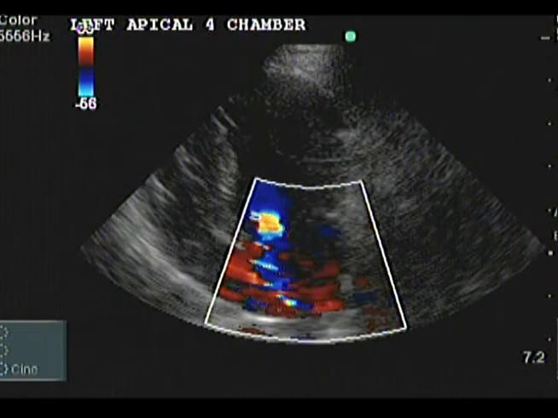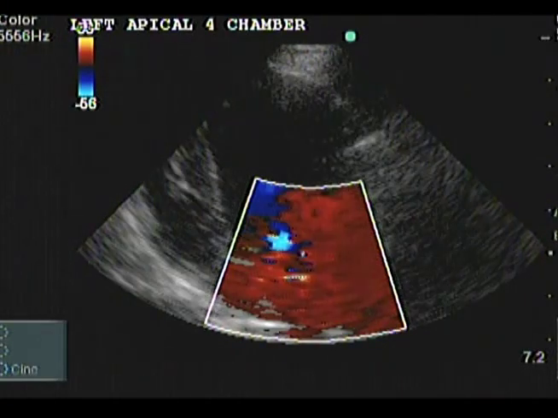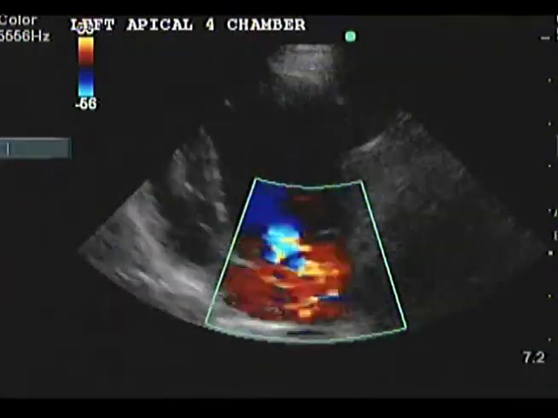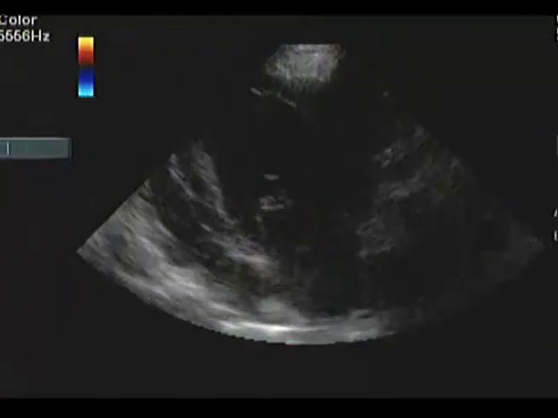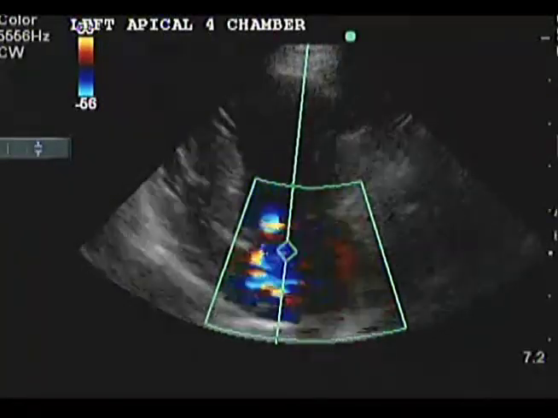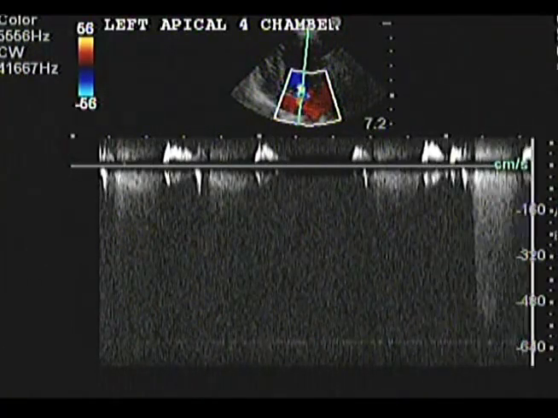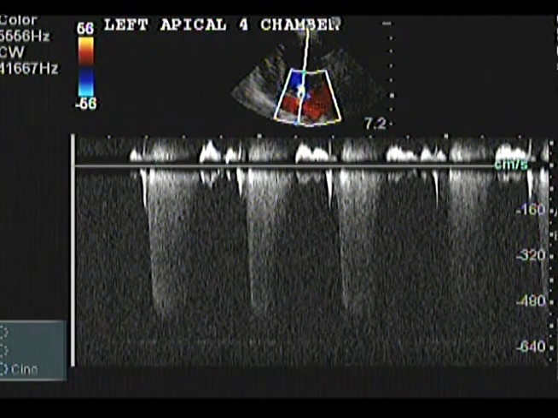Remember, pressure gradients are usually underestimated. The pressure gradient of a mitral insufficiency should indicate the patient's left ventricular pressure if aortic stenosis is not present. The pressure gradient of the mitral insufficiency should be a little less than the patient's measured systolic blood pressure.